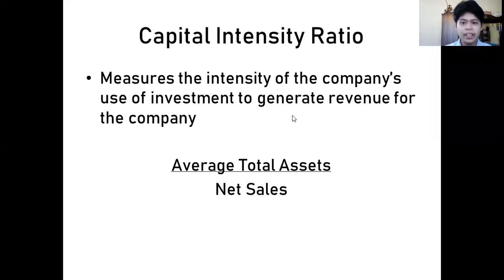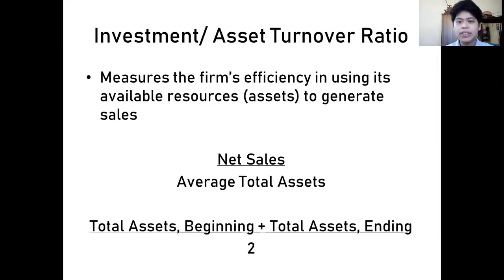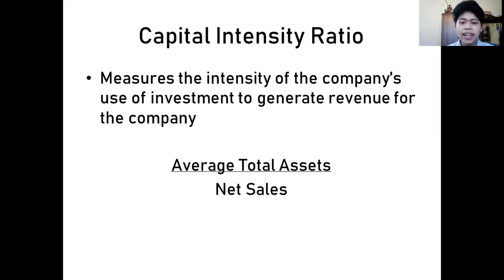Kung napapansin nyo, yung formula natin for capital intensity ratio, baliktad siya sa investment or asset turnover ratio. Kasi yung formula for asset turnover ratio is net sales divided by average total assets. Ang capital intensity ratio naman baliktad. Average total assets divided by net sales.